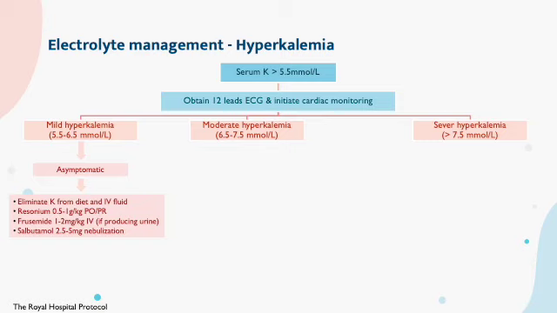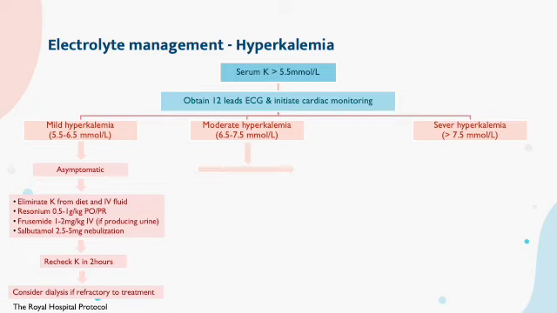And the reason resonium is kept first in the list is because other agents are temporary measures that facilitate the movement of potassium, whereas resonium is the ultimate treatment for high potassium level. Then we need to check potassium level within 2 hours. If it is still high, we'll go through the pathway for severe hyperkalemia, or we need to consider other options like dialysis if it is refractory.